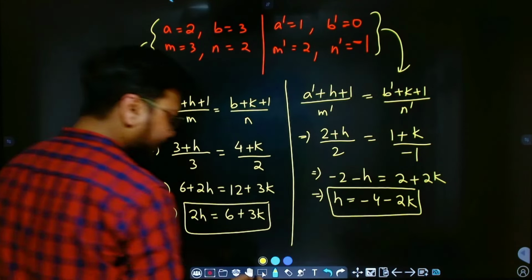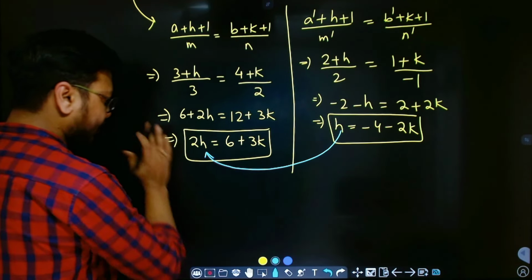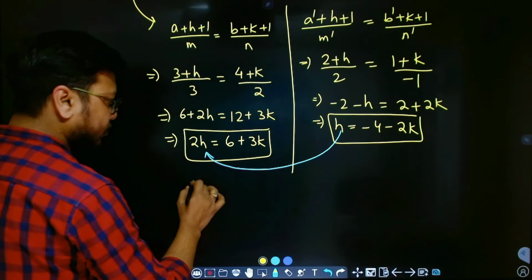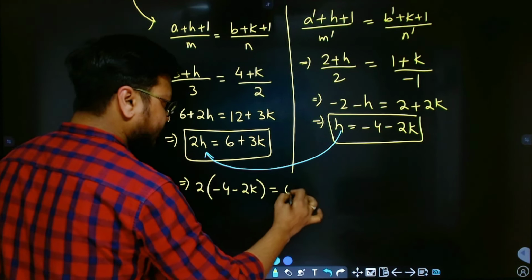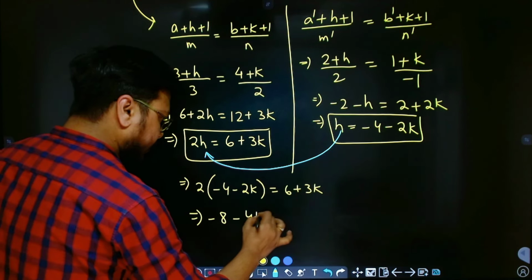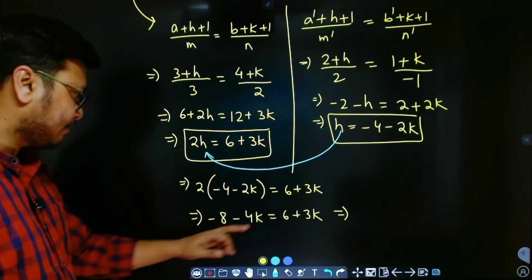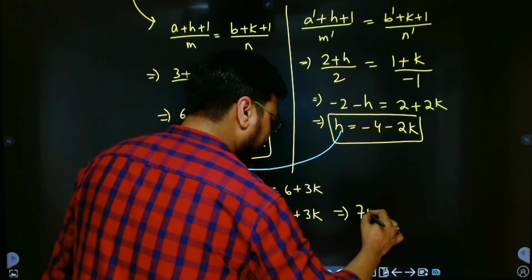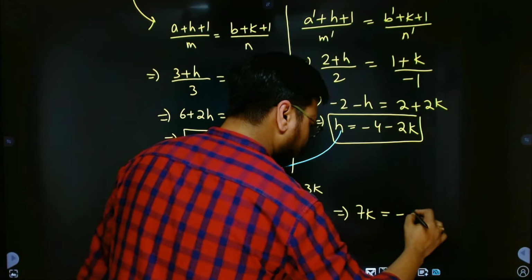So if I plug in this value of h right over here, what I'll be getting is 2 times (minus 4 minus 2k) equals 6 plus 3k. So that is minus 8 minus 4k equals 6 plus 3k, and that would be 7k equals minus 8 minus 6, that is, minus 14.